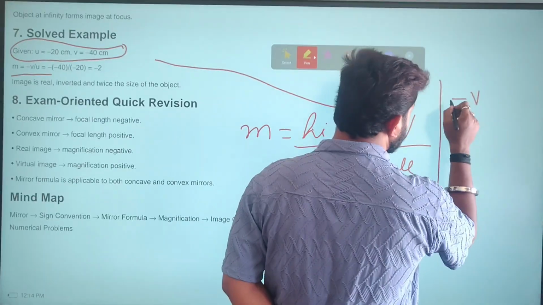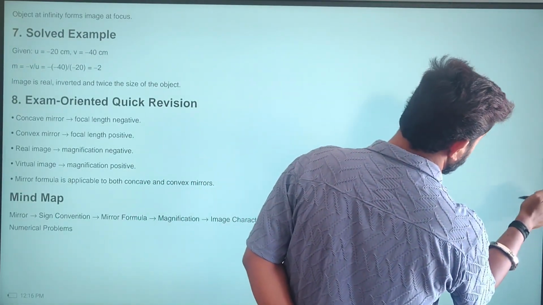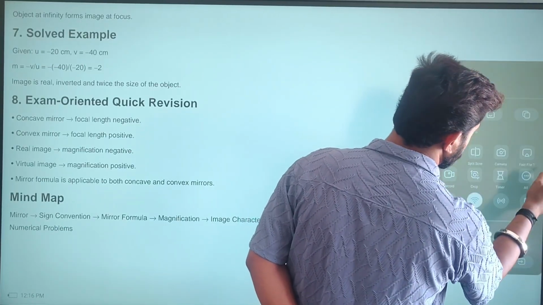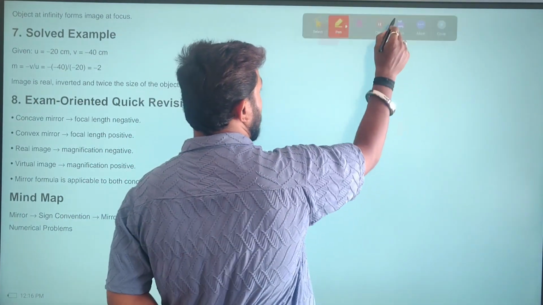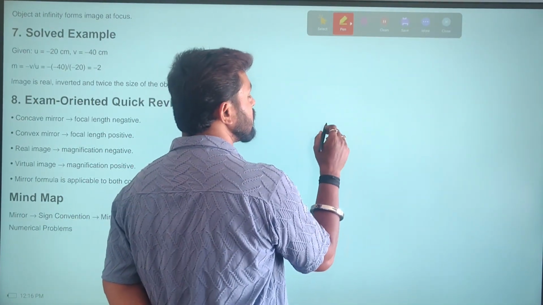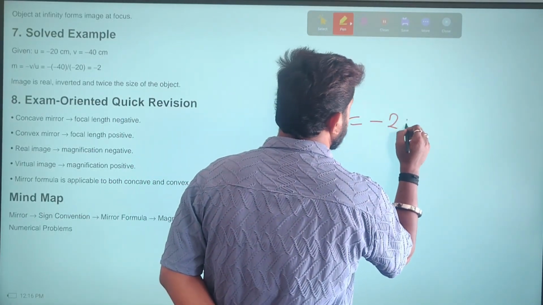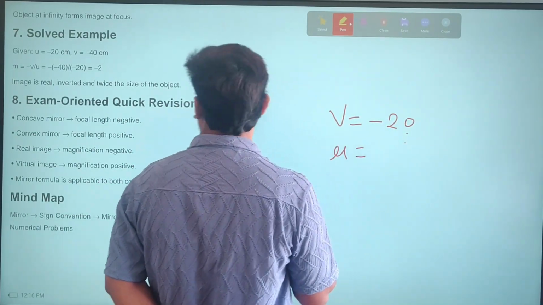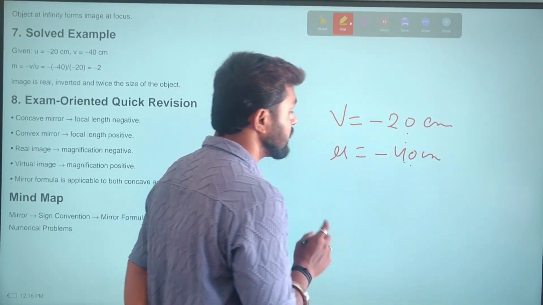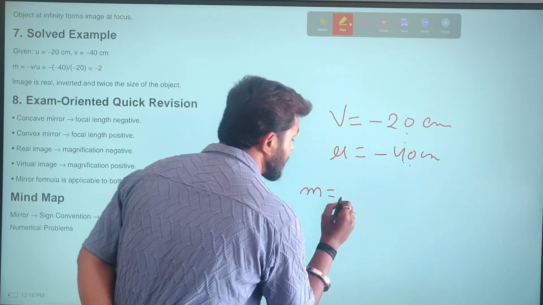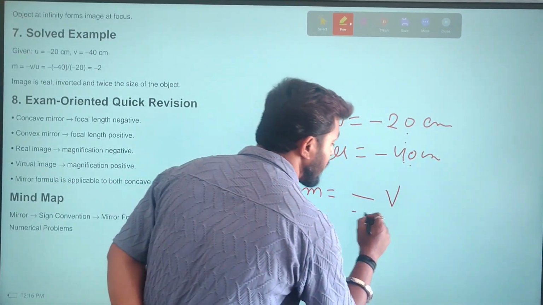Let me write it again. Now I was writing that in concave mirror, image distance that I have is negative. How much is given? -20. Object distance, how much is given? -40 centimeter. This is also in centimeter. Now my formula for magnification is negative v by u.